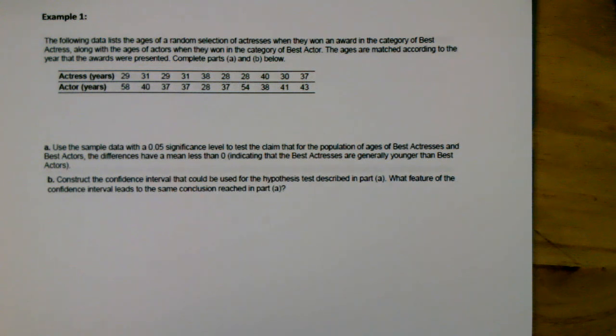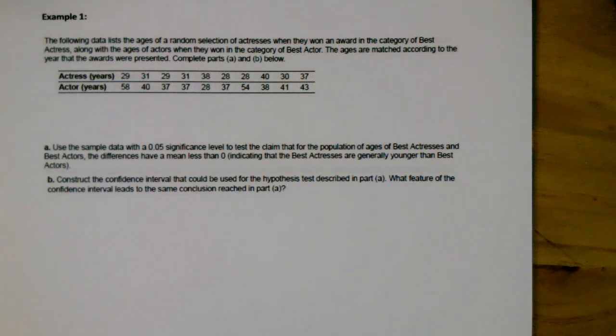And this indicates that the best actresses are generally younger than best actors. And then in part B, you're going to construct a confidence interval that could be used for the hypothesis test described in part A. And what feature of the confidence interval leads to the same conclusion reached in part A?